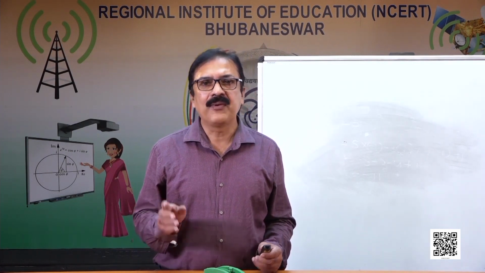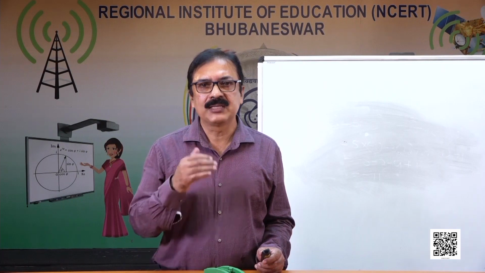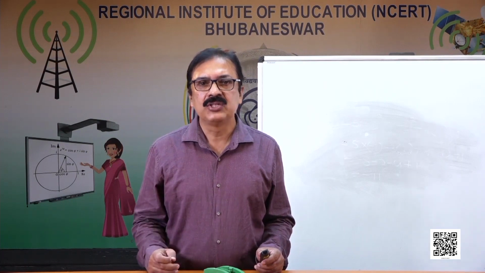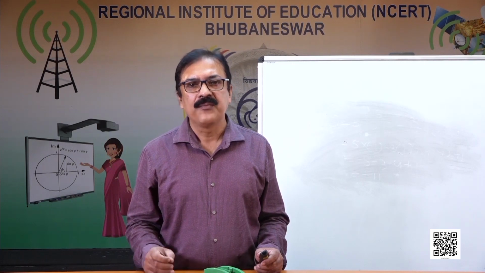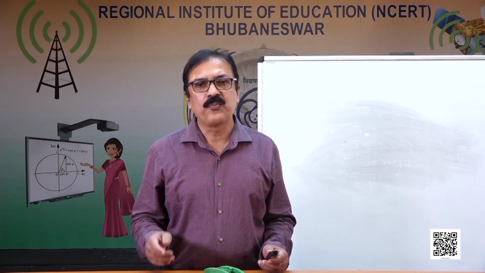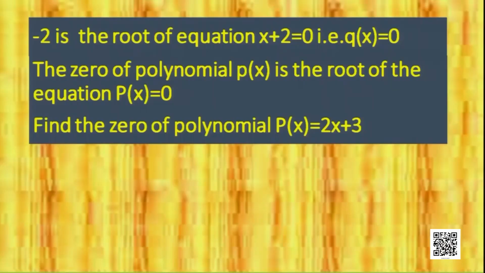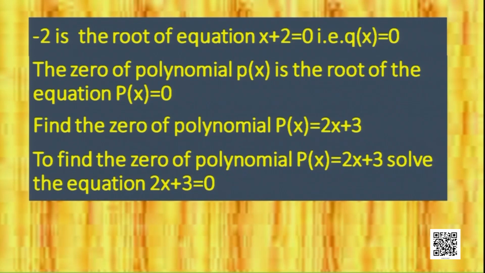But we gave a clue before that the 0 of the polynomial p(x) is the root of the equation p(x) equal to 0. So to find the 0 of the polynomial p(x) equal to 2x plus 3, we have to find the root of the equation 2x plus 3 is equal to 0.